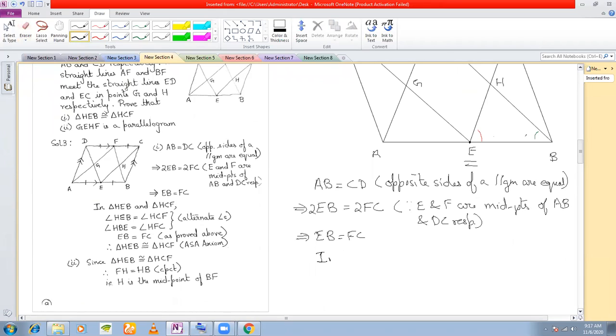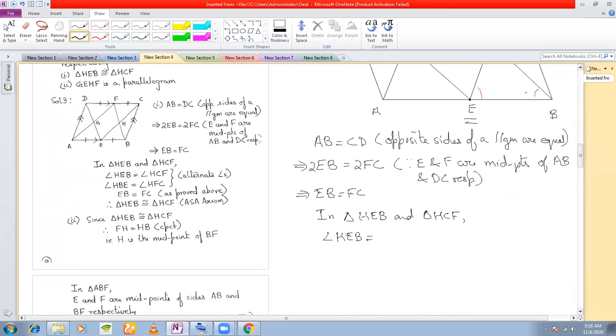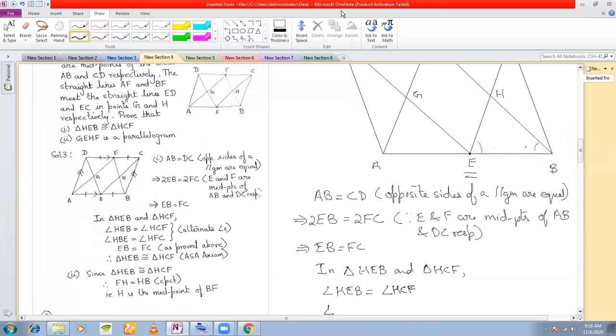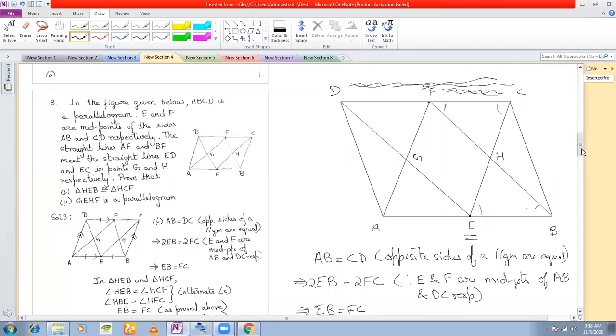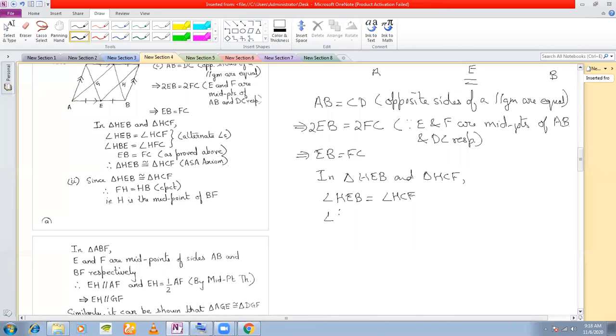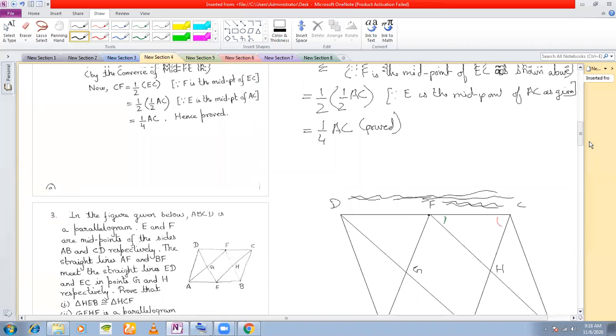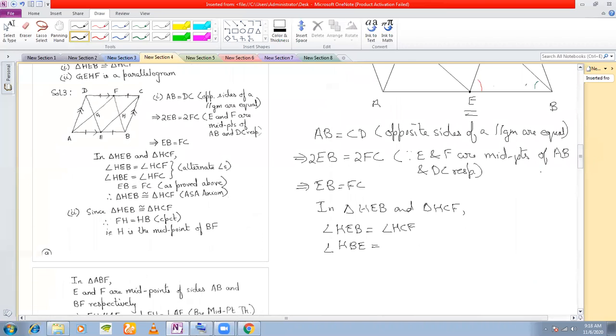Okay, so let us write: in triangle HEB and triangle HCF, angle HEB is equal to angle HCF, and angle HBE must be equal to angle HFC. The reason for both is the same: they are alternate angles.